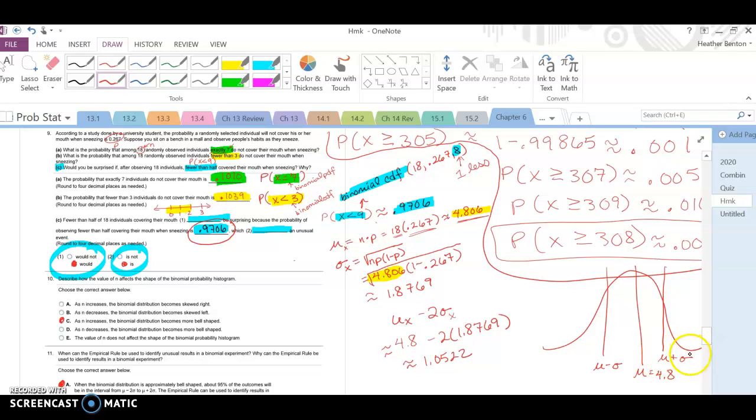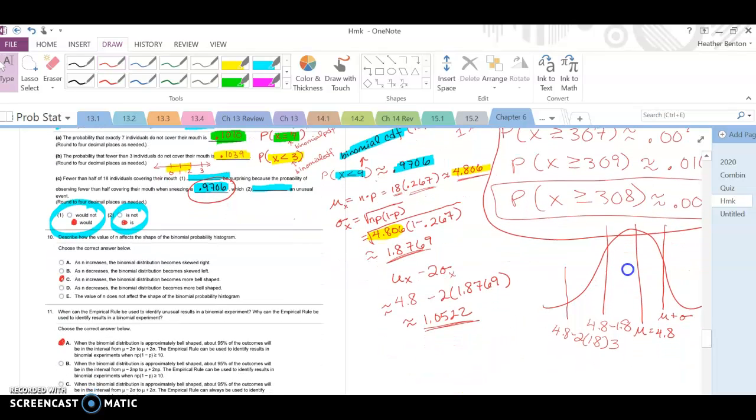I'm not worried about 0.9706 being off to the right. So 4.8 minus the 1.8, my standard deviation, is only going to get me to 3. So I'm going to keep going. 2 standard deviations, 4.8 minus 2 of those 1.8s, gets me to 1.05.